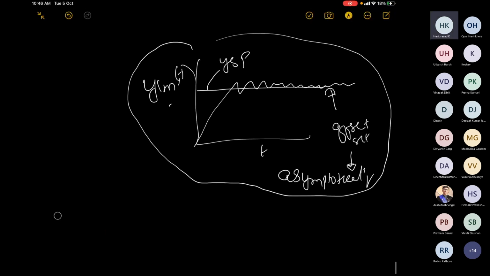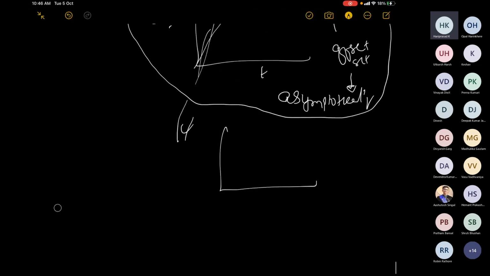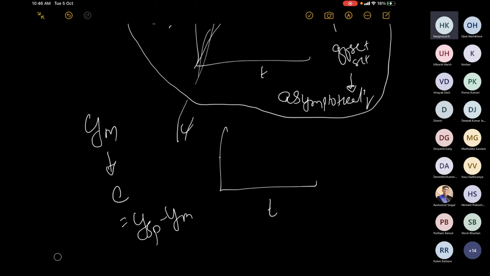So this is the original variable plot. I can also make a mirror image plot of error. Instead of plotting ym, let me plot error, which is basically ysp minus ym, over time. The set point of error is always 0 because that is what you need.